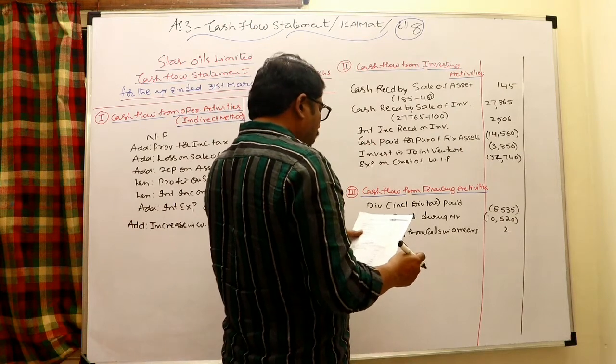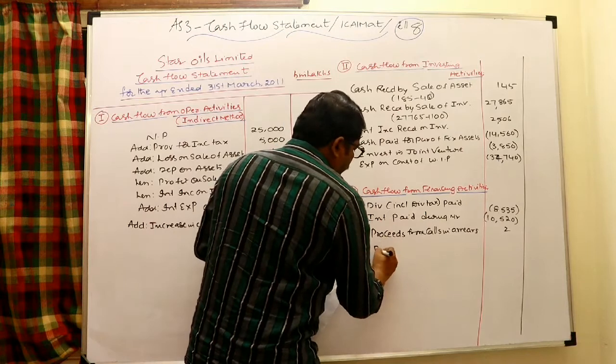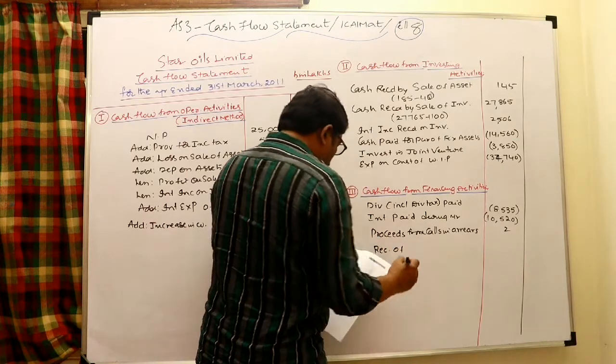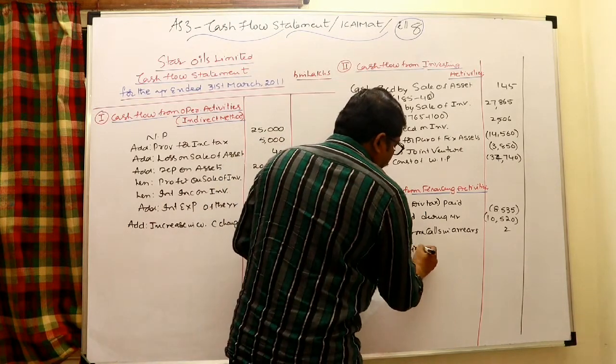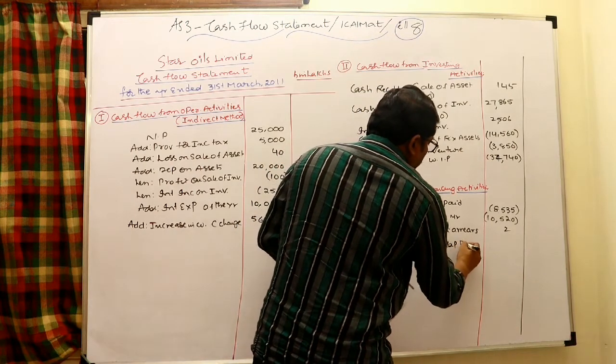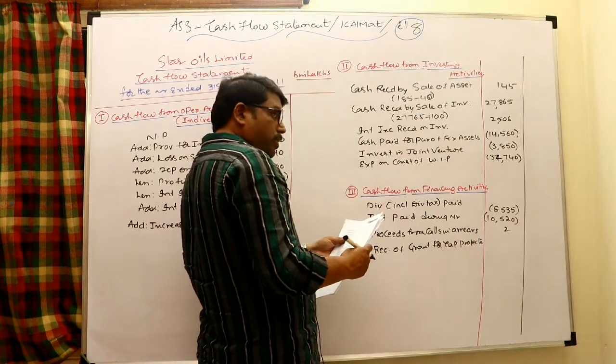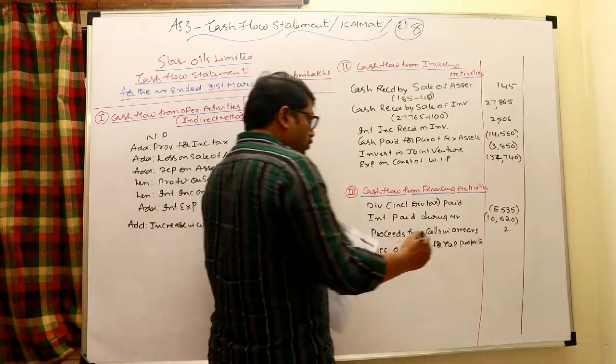Receipt of grant for capital projects, capital receipts. We used to discuss this in AS 12, government grants.